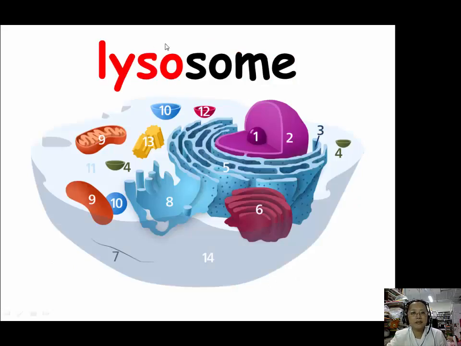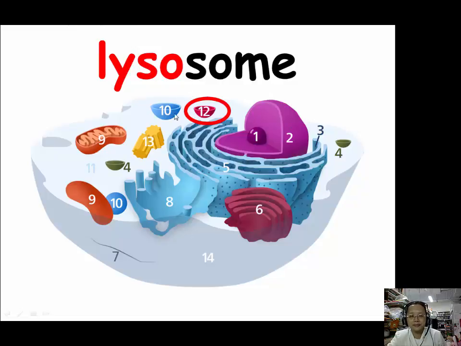And our example for the prefix lyso, L-Y-S-O, is lysosome. Lysosome, as shown in this picture, is the number 12 organelle. It is a membrane-bound cytoplasmic organelle, generally 250 to 750 nanometers in diameter, containing hydrolytic enzymes in an acidic environment, and it is involved in intracellular digestion.